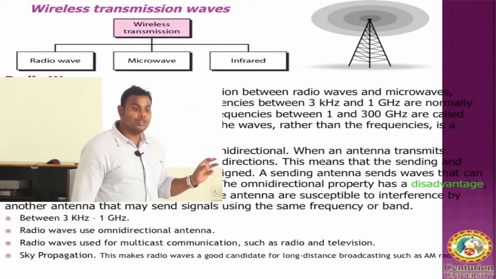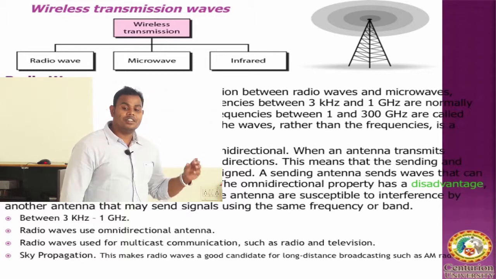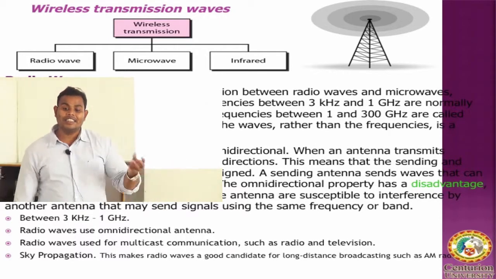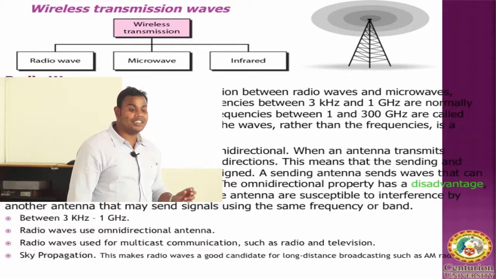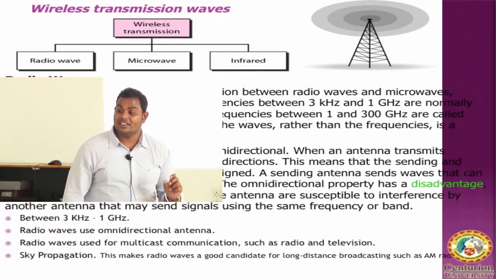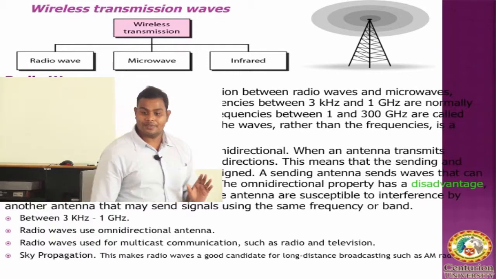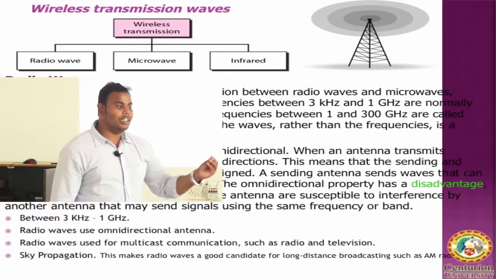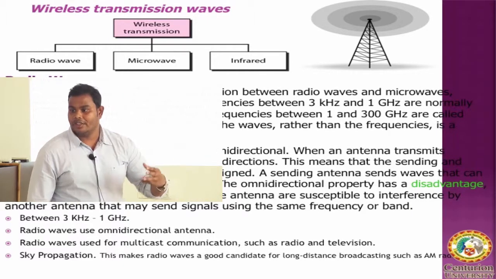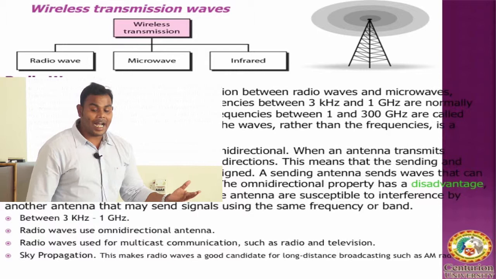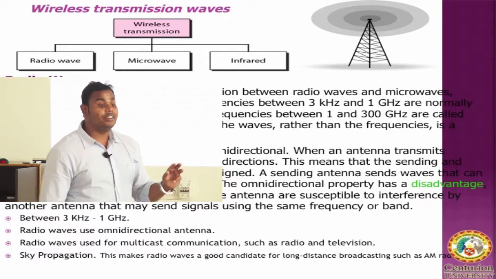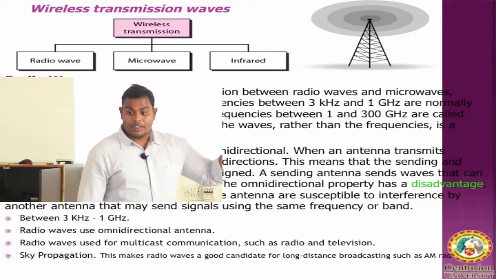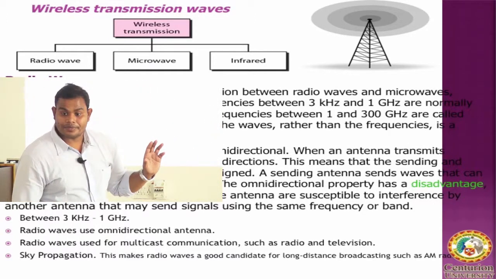So using omnidirectional transmission, the sender sends the message and the receiver can receive a particular frequency by setting its band frequency to that particular value. Clear? Your radio AM, FM, as well as your DD1, DD2, you can catch through this omnidirectional transmission.